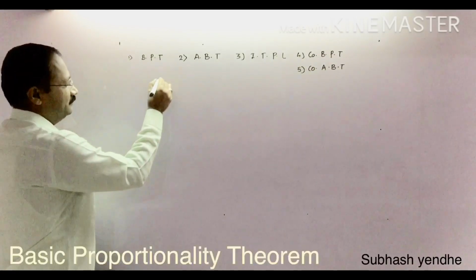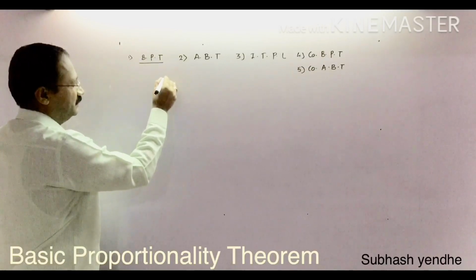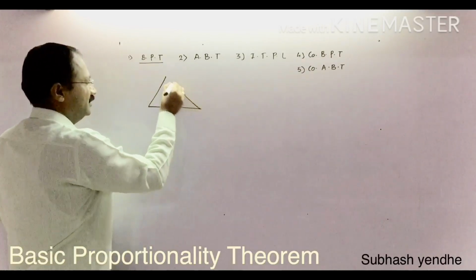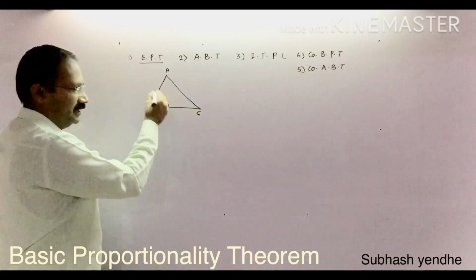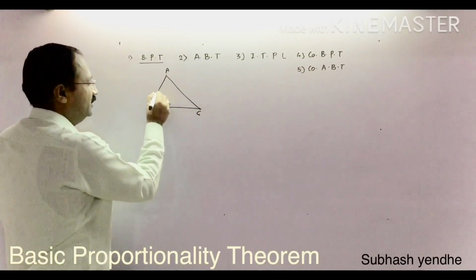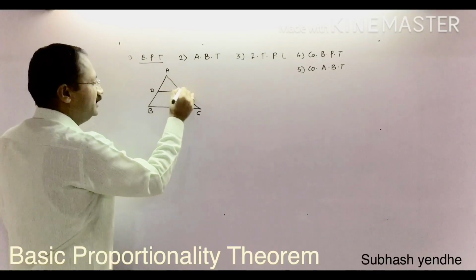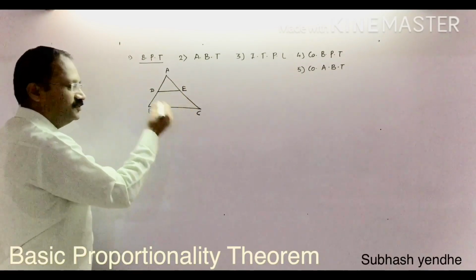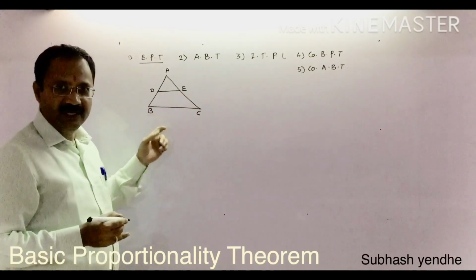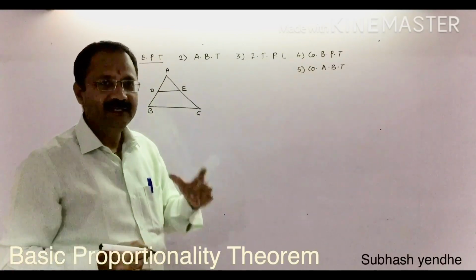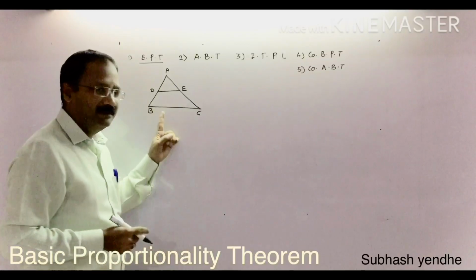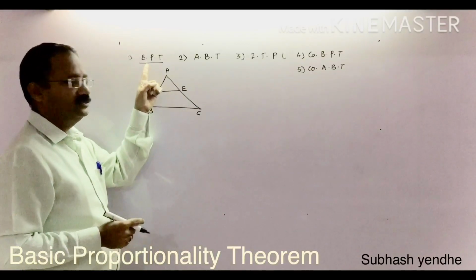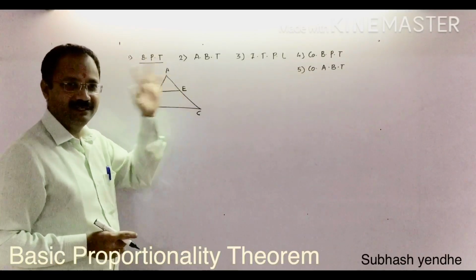Now let's start. The first one is BPT. See this triangle? In triangle ABC, segment DE is parallel to segment BC. If any segment is parallel in a triangle, then remember that we have to use basic proportionality theorem.